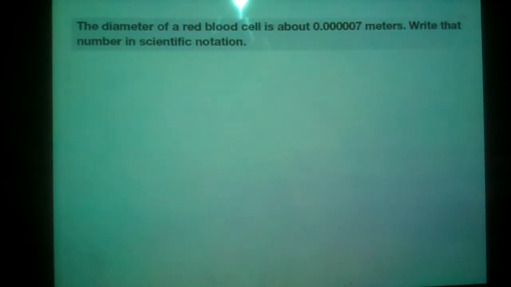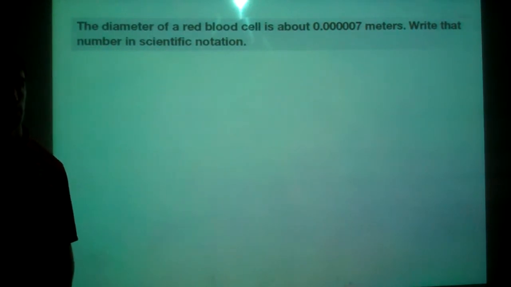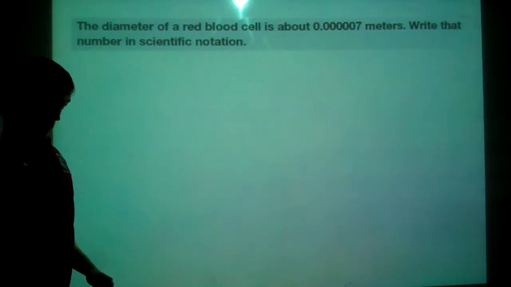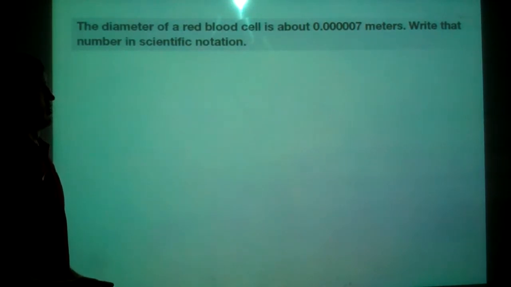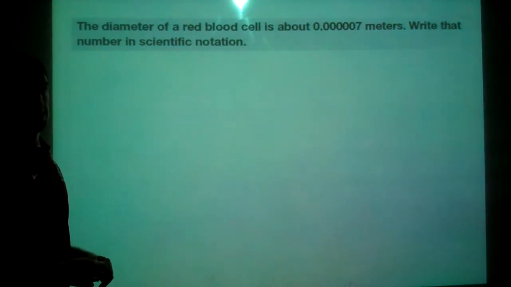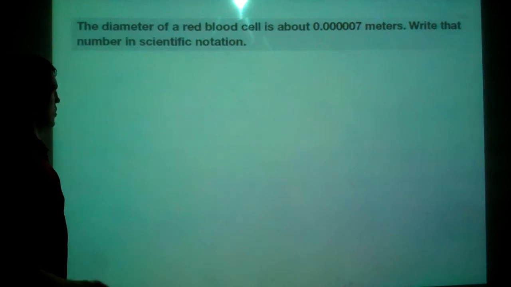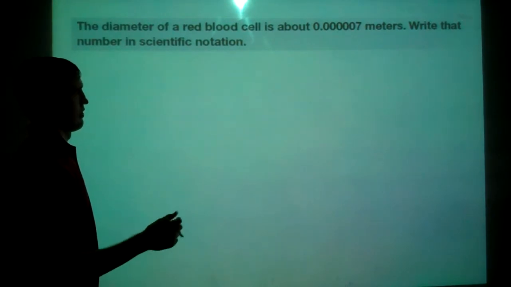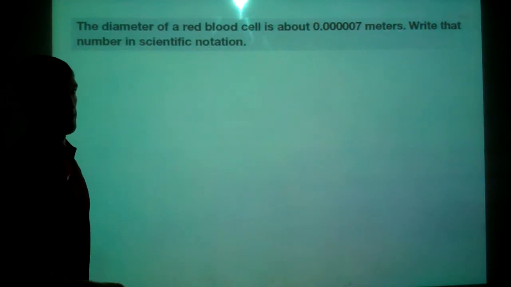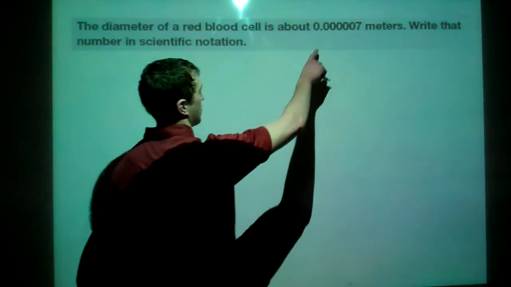Okay. We can also take a small number like this, and we can write it in scientific notation. Same rules apply. We want to make sure that our first number is equal to or greater than 1, but less than 10. Sorry about that. So we want our first number to be less than 10 and bigger than or equal to 1. And we've got to figure out how far this has to move over.